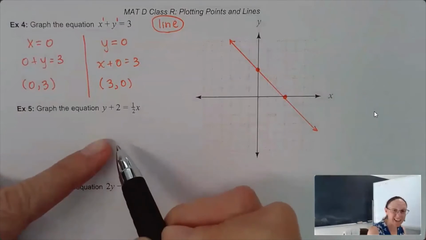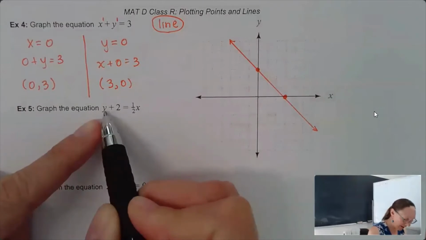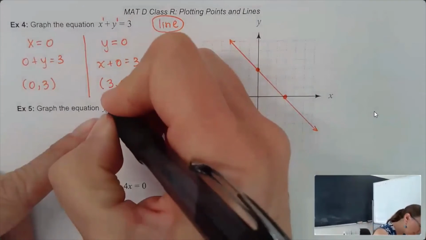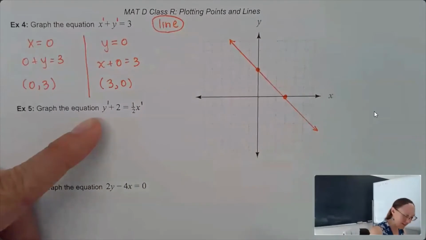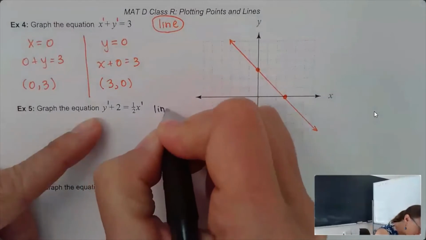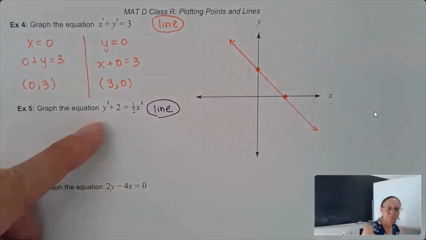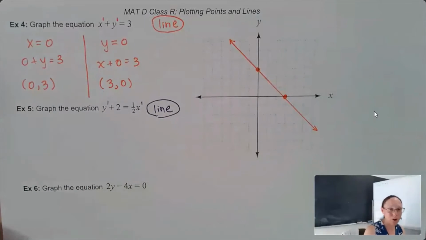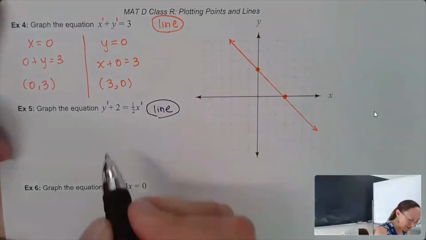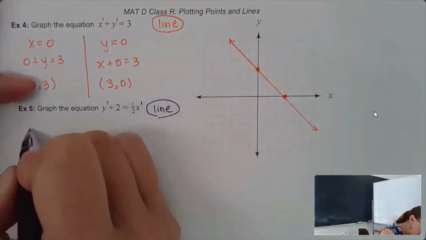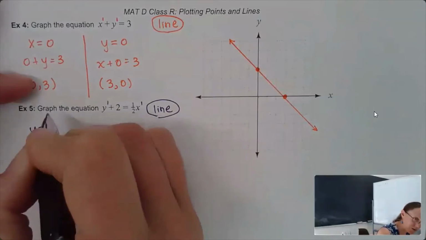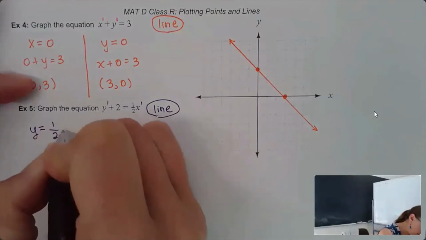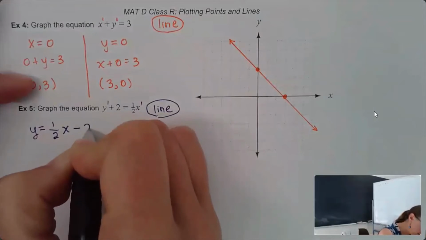First of all, I can tell that it's a line because I've got an invisible exponent of 1 on that y and an invisible exponent of 1 on the x. Once I know that it's a line, right, any 2 points on the line will let me draw it, but we can also rearrange this by subtracting 2 from both sides to say y is equal to 1/2 x minus 2.